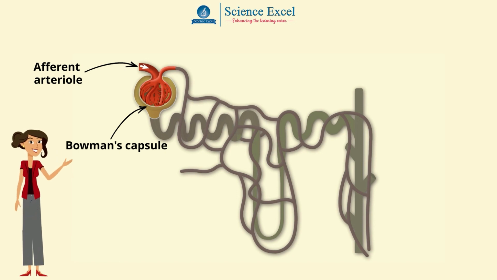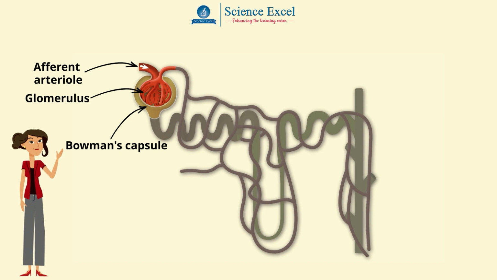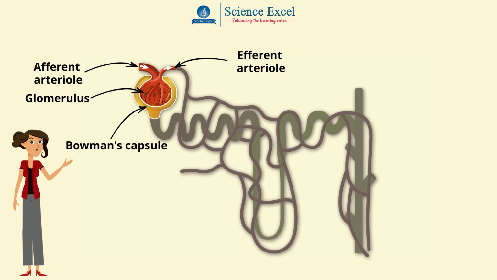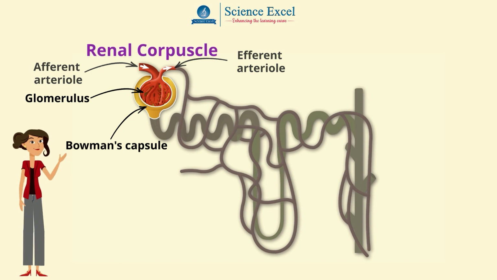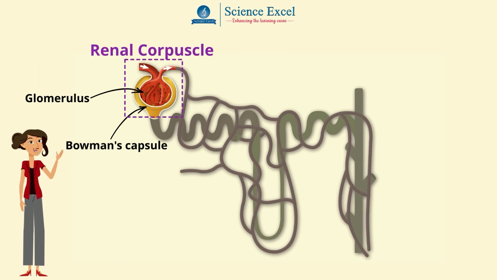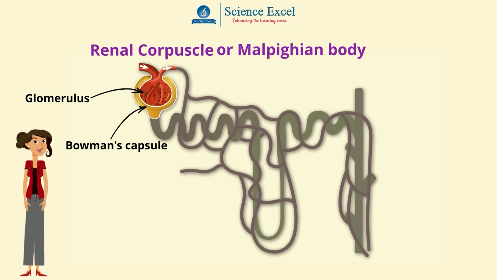The afferent arterioles further divide into several blood capillaries, forming a knot-like mass called glomerulus, closely fitting inside the Bowman's capsule. The blood vessel carrying blood out of the glomerulus forms the efferent arteriole. The Bowman's capsule and glomerulus together constitute the renal corpuscle or the Malpighian body.